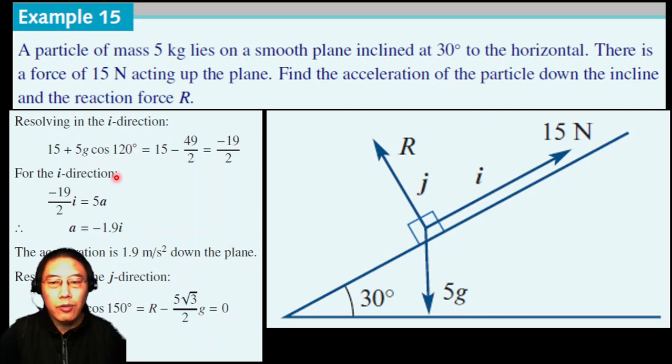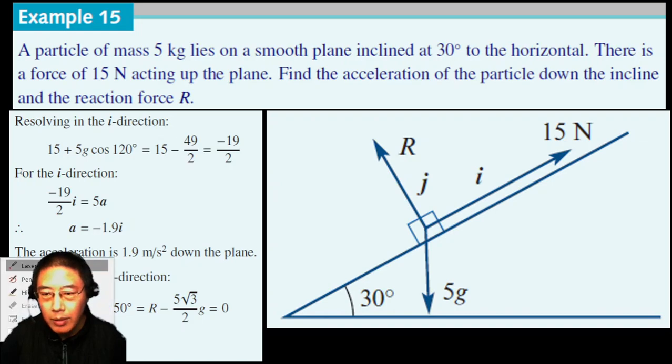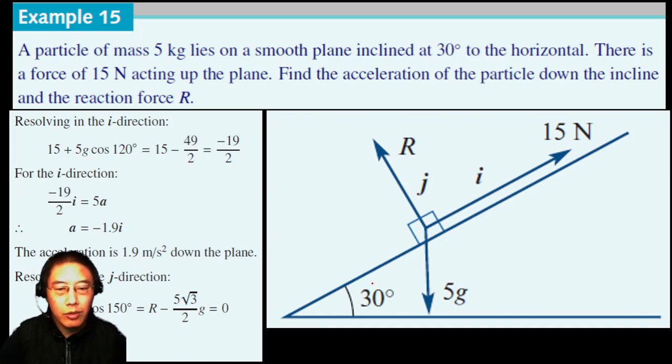When we resolve, so magically they come up with this angle. What I like to do, and it's going to be the same for all inclined planes, is, whatever angle you have here, if you extend the reaction, which is perpendicular to the plane, that angle is also 30 degrees.